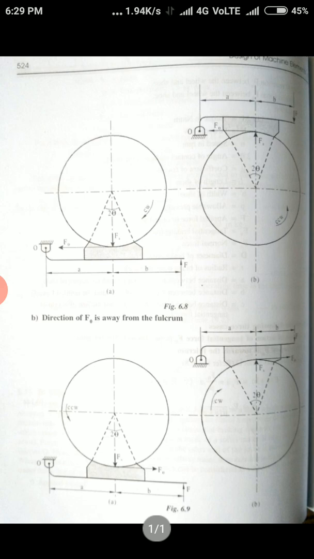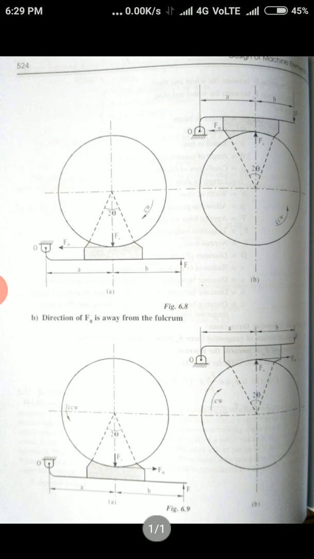To repeat, it consists of the block, the hatched portion, mounted on the lever, and this block is pressed against the rotating drum. When force F is applied, there is a tangential force F theta which will reduce the speed of the vehicle, and Fn is the normal reaction between the block and the drum, and the point O is the fulcrum where one end of the lever is attached.